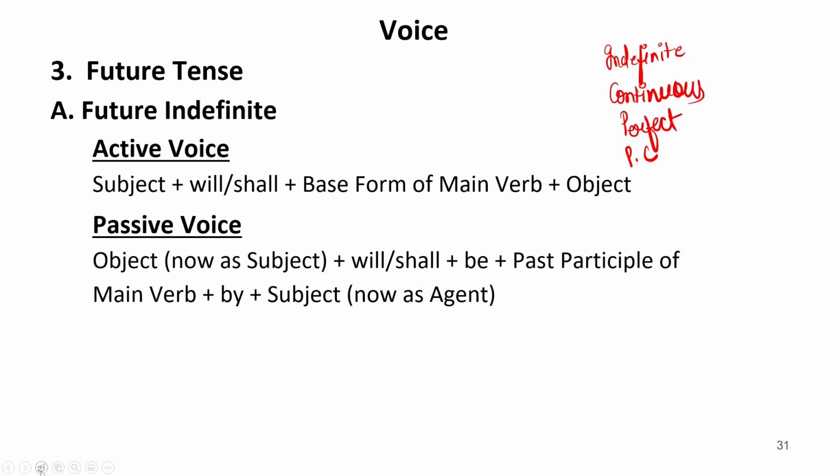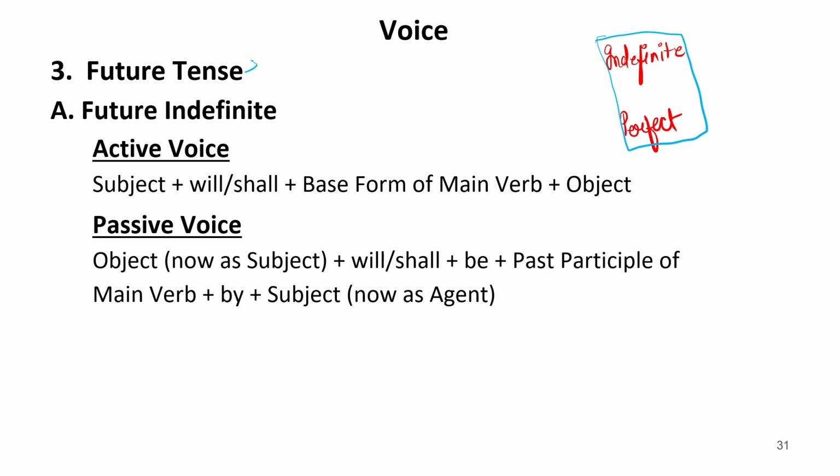Now we know well that perfect continuous is not converted. Let us eliminate this. So let us remove this. We also know that continuous tense of a future tense is not converted. Therefore, remove this as well. So only these two tenses, perfect and indefinite, are converted into passive voice in case of future tense.